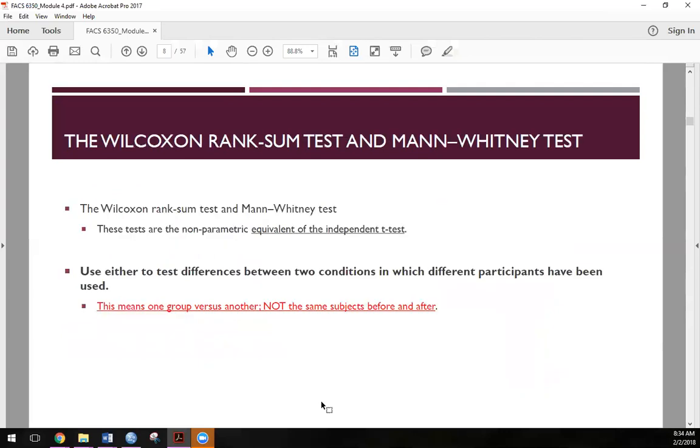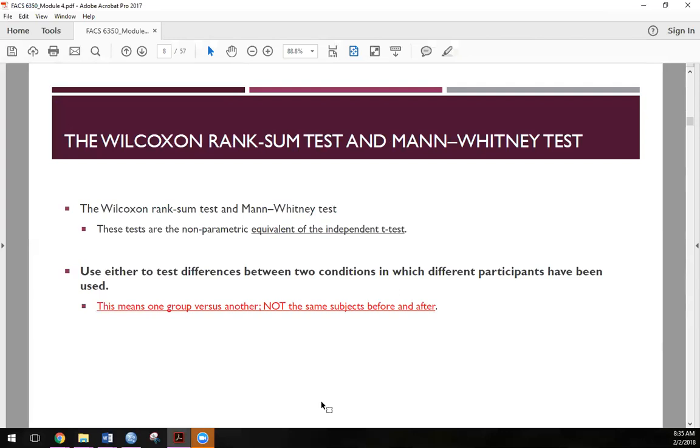So the Wilcoxon rank sum and the Mann-Whitney test are non-parametric equivalents of an independent t-test. So this is where students often get caught up and a little bit confused: an independent sample means that it's one group versus another, not a before and after.